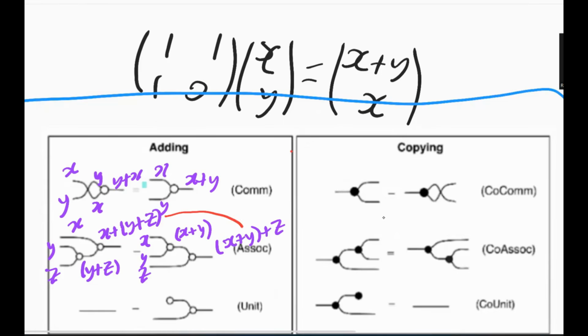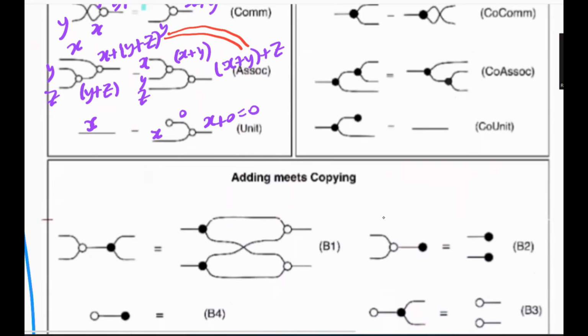And the claim is that these are equal, as in addition is an associative operation. This is x plus y on both sides. And if we just follow it through, we can see that this works as well.